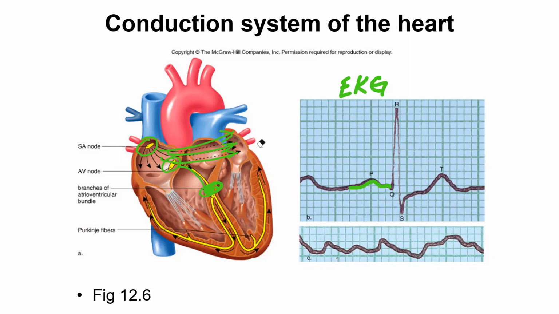Your P wave is your atria contracting, so the top portion of your heart. Your QRS complex, which is this, I'm trying to trace this as best as I can, that is your ventricles contracting. So with the help of the Purkinje fibers, that's what's happening there.